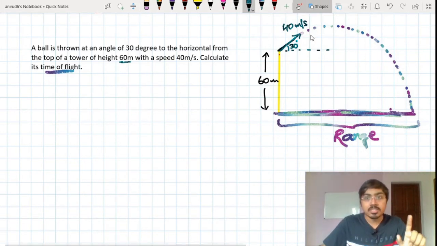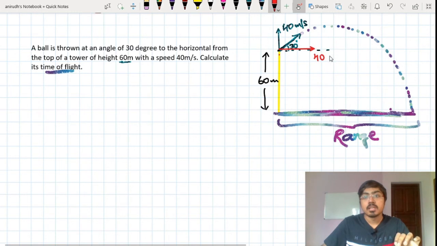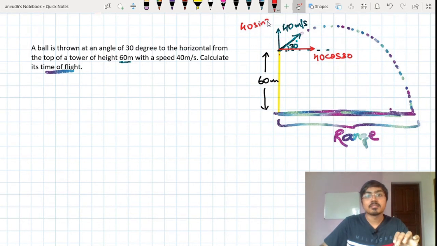But if you talk about this kind of inclined velocity, you have two components for this: 40 cos 30 and 40 sin 30.